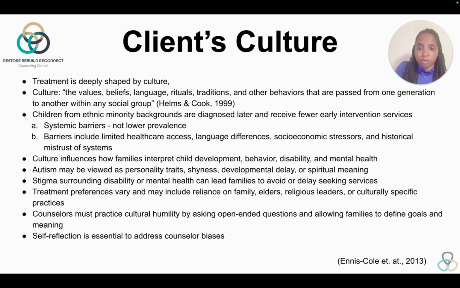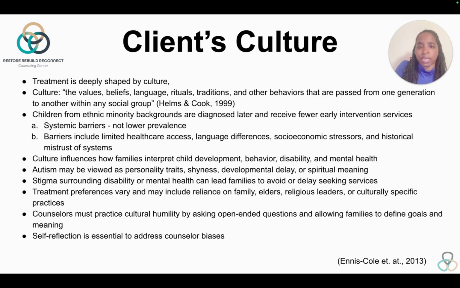So whatever people believe, it's really important for counselors to always be respectful of these differences and to allow the client to have their own opinion and to really try to avoid any countertransference. So an example of this is a family might delay getting an autism evaluation because they believe that their child will grow out of it.